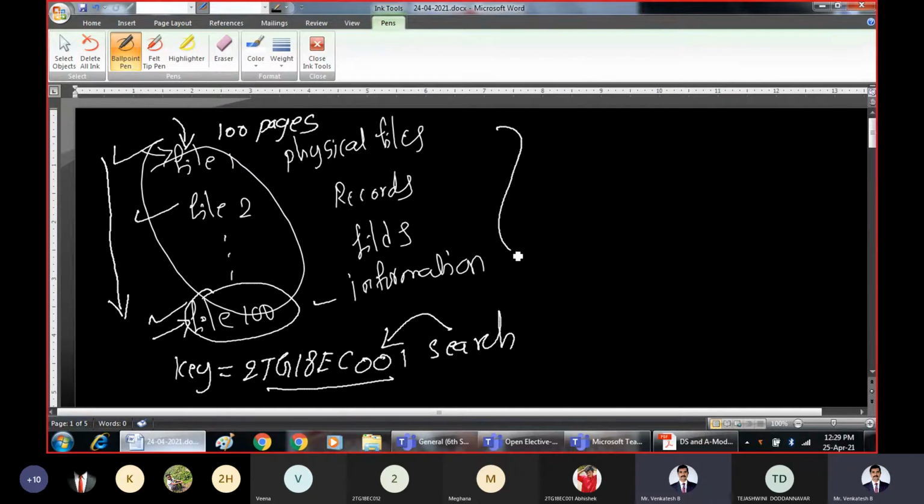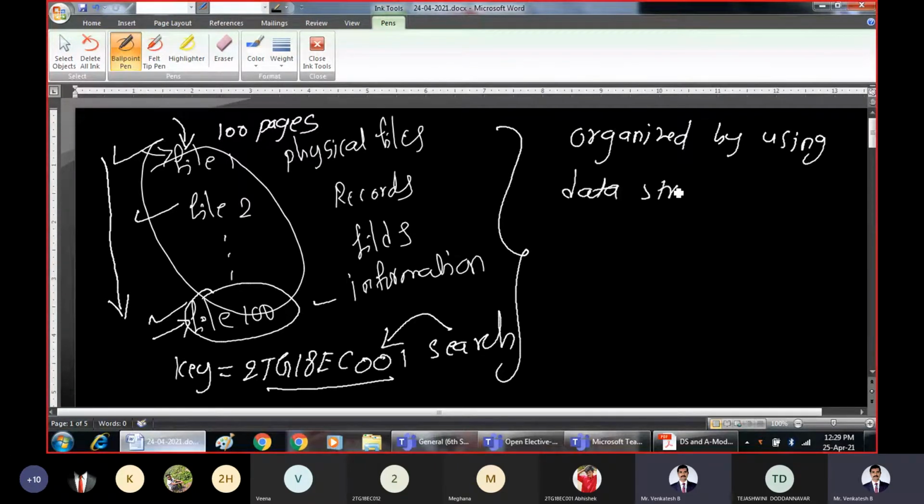If these physical files are organized by using data structures, then managing the data is very easy. That means if you want to know the details of this particular student, in physical files we go on searching manually.